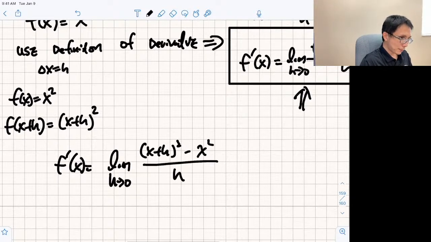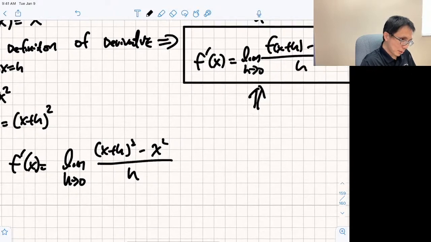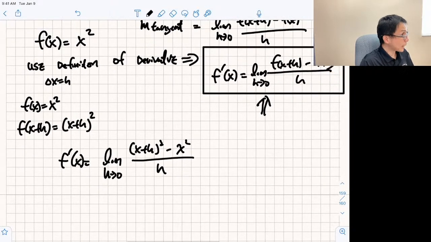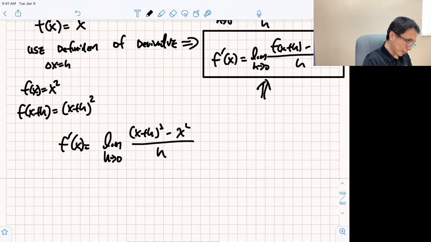It's f of x plus h minus f of x over h. Does that make sense to you guys? So is the prime meaning something? Prime means a derivative. That means slope at all points. So this prime means derivative.